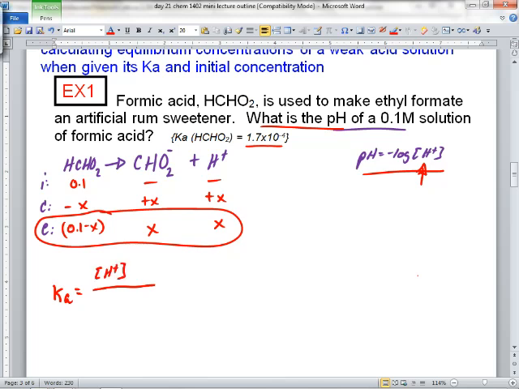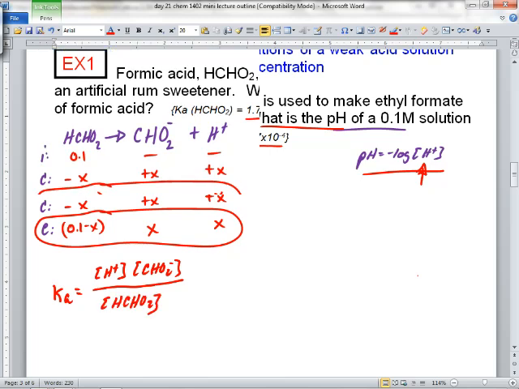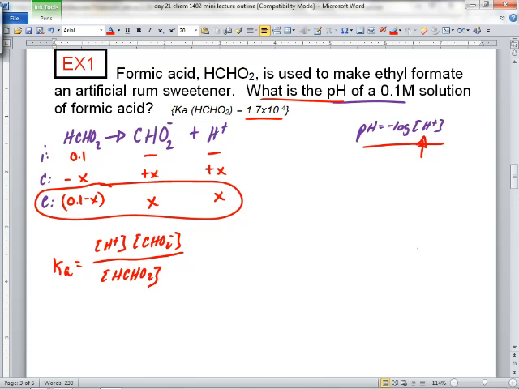Concentration of H plus, CHO2 negative, good. Okay. She didn't skip any steps there. That should help you out. Ray, gotta plug some stuff in there. Yeah, plug in.